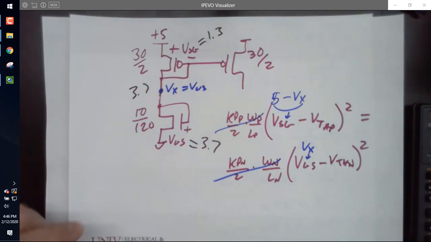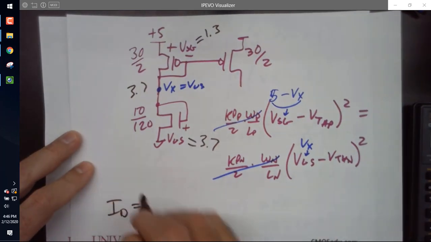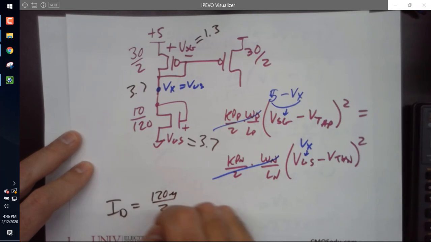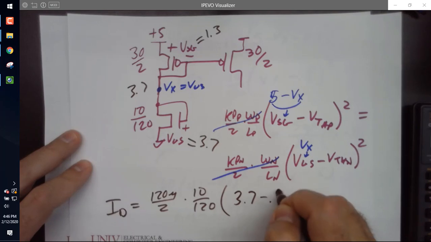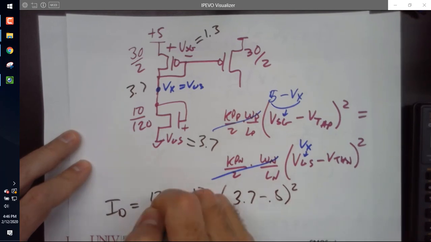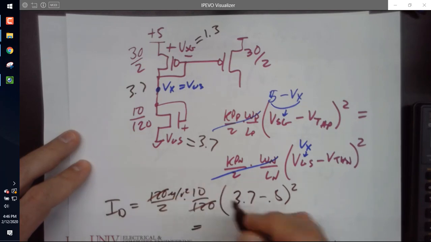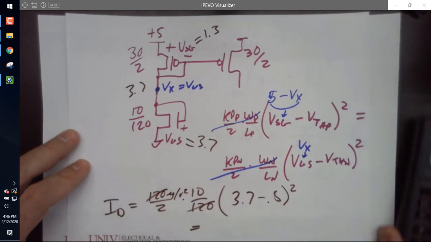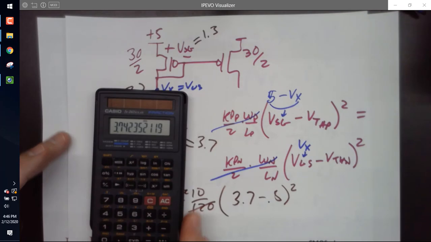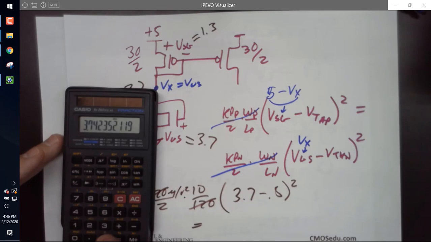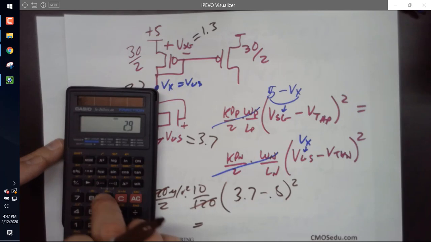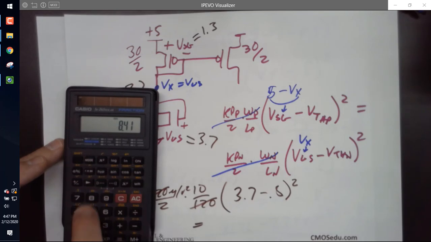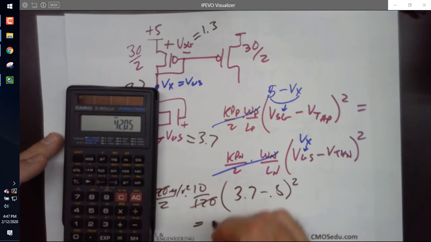So I'm going to say ID equals 120 micro over 2 times 10 over 120 times 3.7 minus 0.8 squared. 120s cancel. And I get 5 times 2.9 squared microamps. Let's do 2.9 times 5 equals 42 microamps.